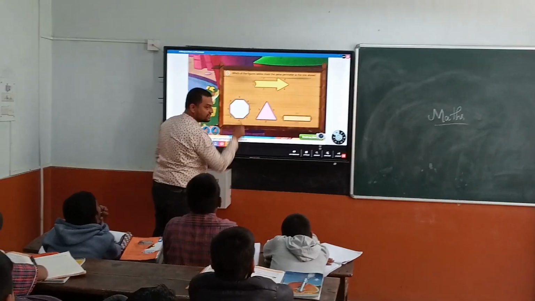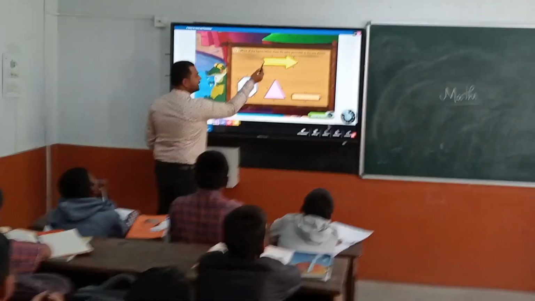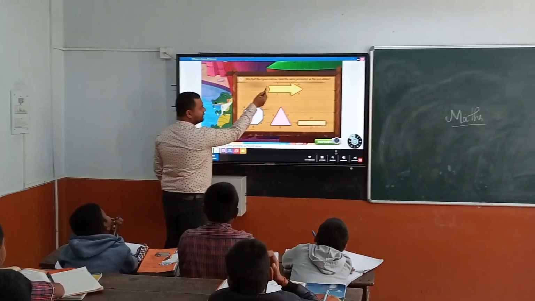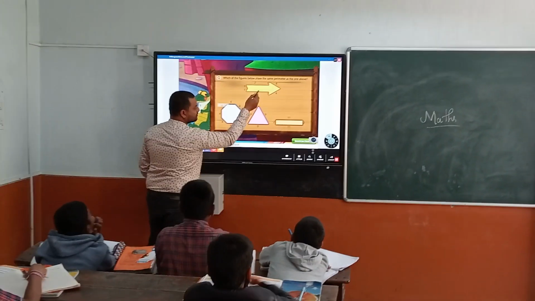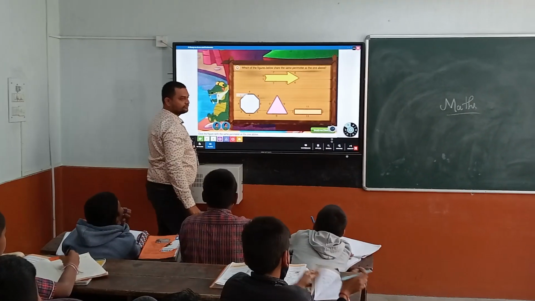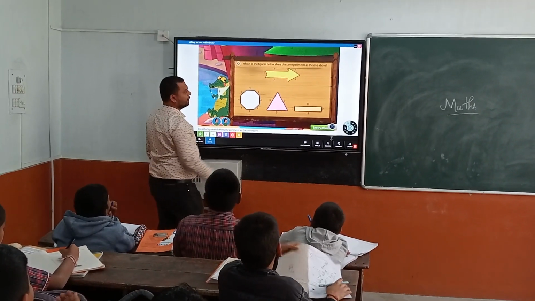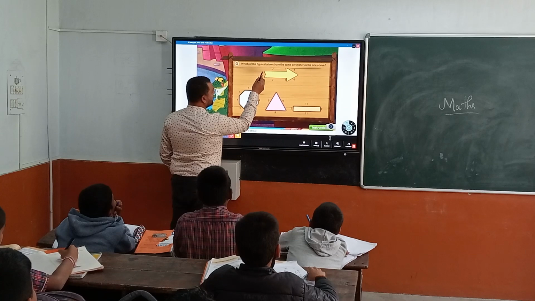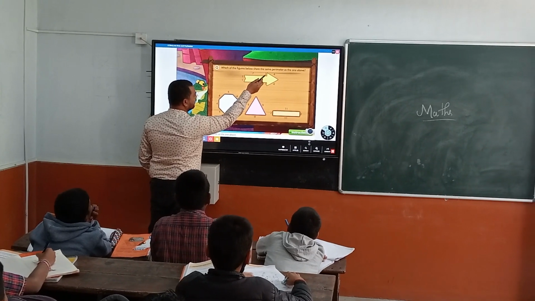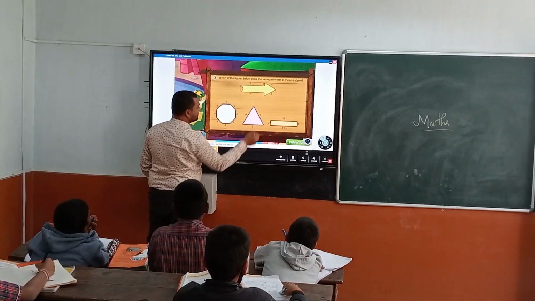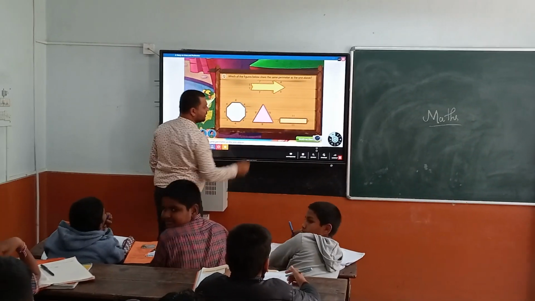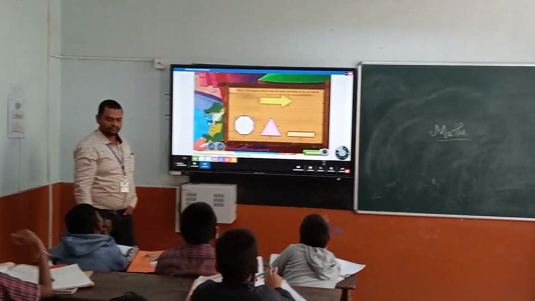They have given the centimeters accordingly. 1 plus 1 plus 7 plus 1. Total how much? 7 plus 1 is 8, 8 plus 1 is 9, 9 plus 7 is 16, 17, 18, 18 plus 4 is 22, 22 plus 4 is 26, which is equal to the perimeter of the remaining three shapes.